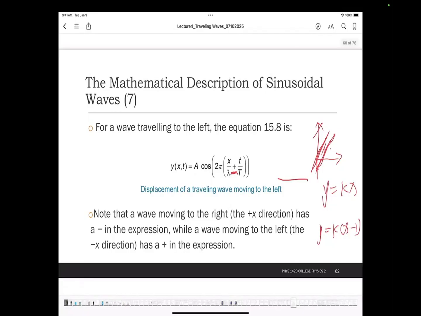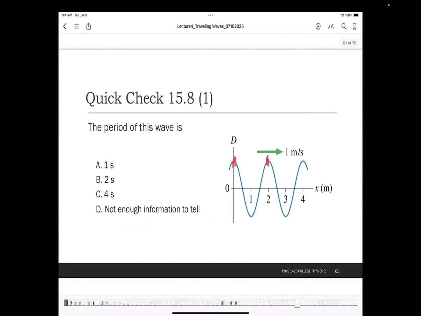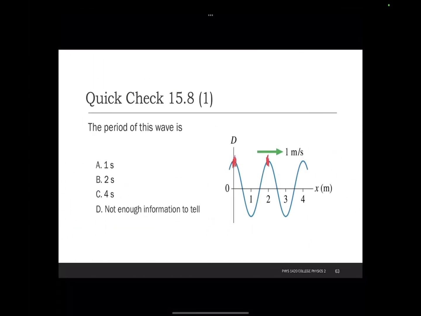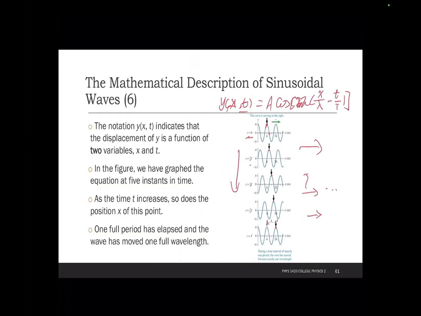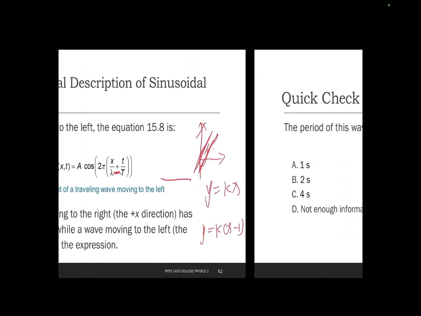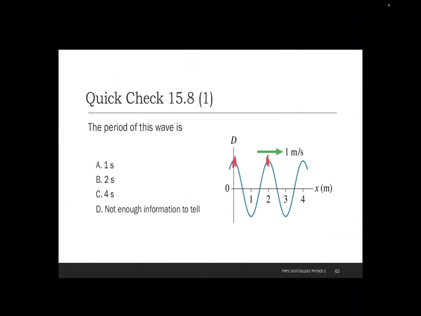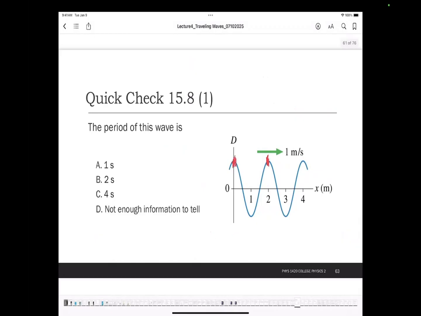Yeah. Okay, let's continue. Let's talk about this question. The period of this wave is, you can see here, we just talked about one full period elapsing and the wave moving one full wavelength. Here the one full wavelength is 2 meters, which is just one period. So we just need to calculate the time for this wavelength.